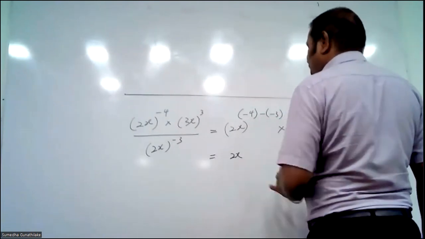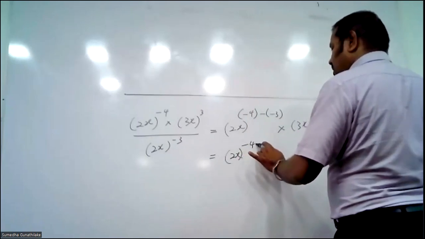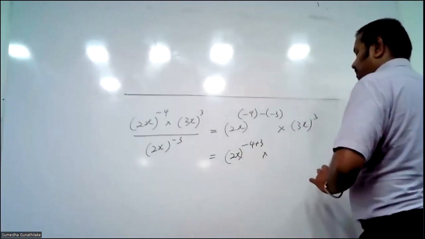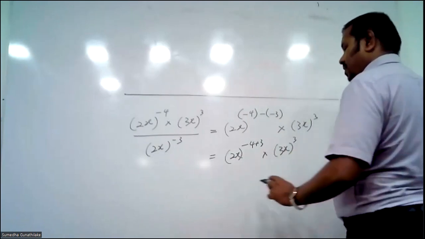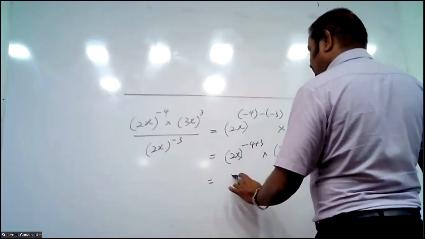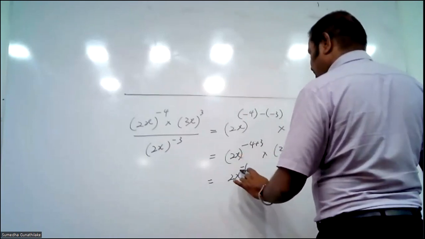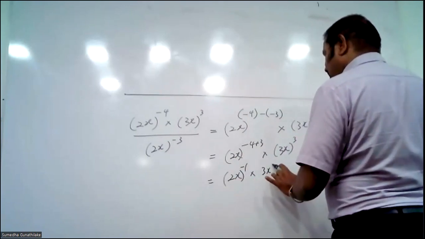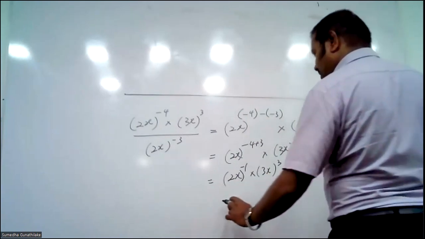That is 2x to the power minus 4 plus 3, 3x cubed. 2x to the power minus 1, 3x cubed. Right?